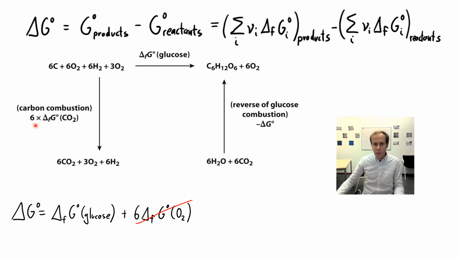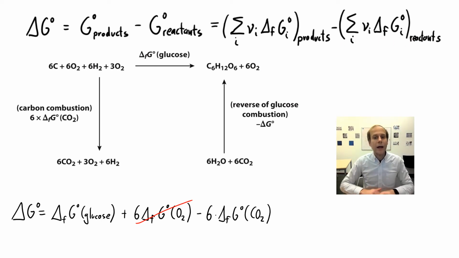In this example, we want to form 6 CO2 because we need 6 CO2 later to form the glucose and the oxygen. So we take this part of the formula and subtract it from the summation of the products.